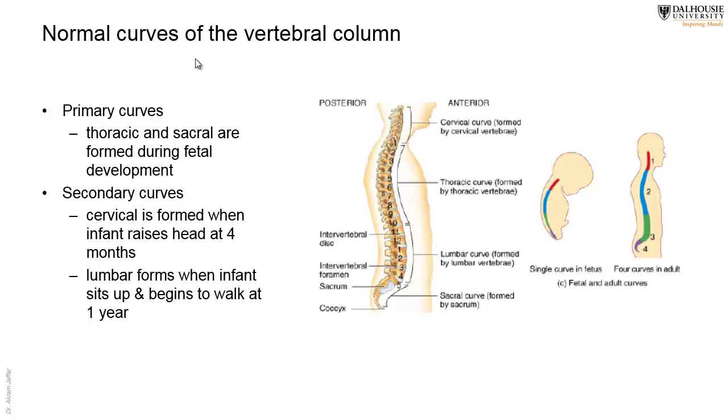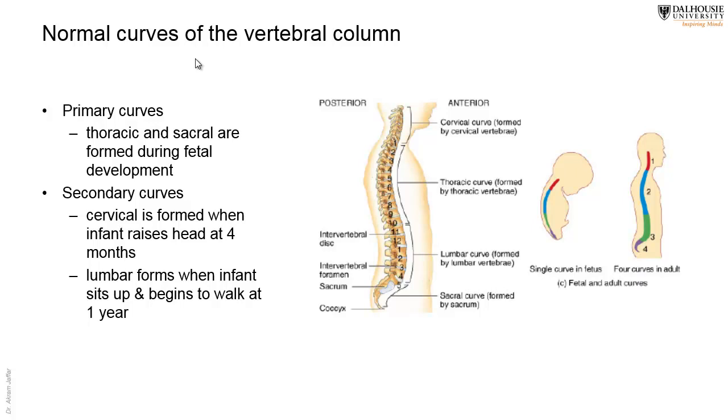But when the child starts to support the head, you will have a secondary curvature in the cervical region, which is convex anteriorly. This is at about 4 to 6 months of age. And then at about 1 year of age, when the child stands, you will have the lumbar curvature, which is convex anteriorly. These are secondary curvatures. The primary curvatures are thoracic and sacral.